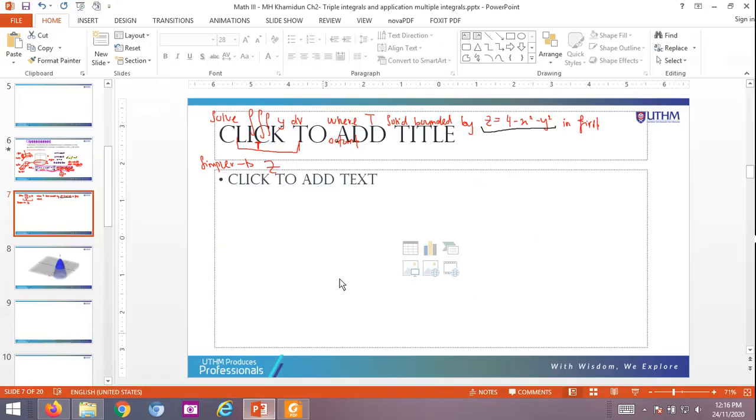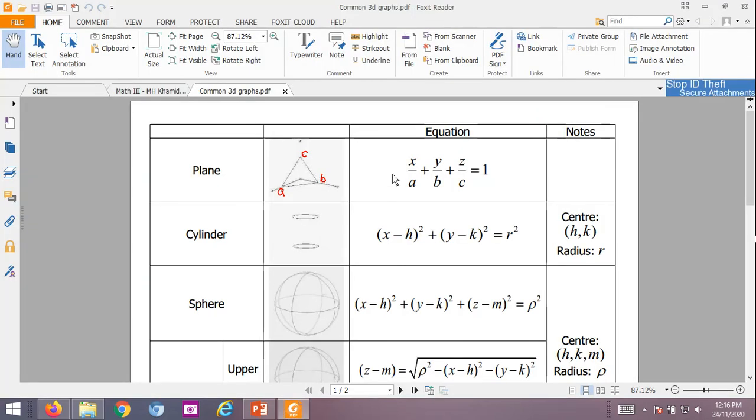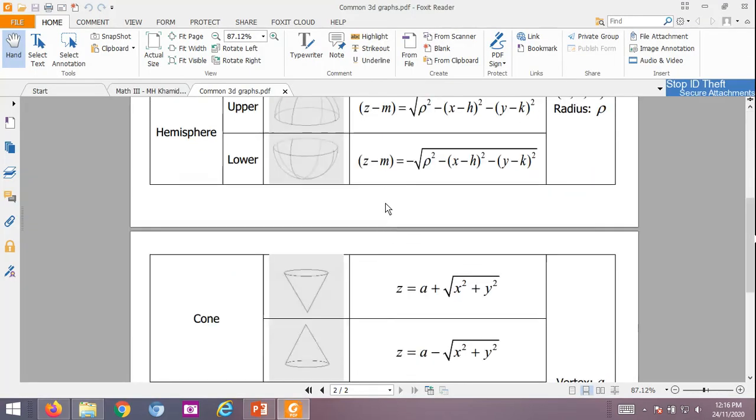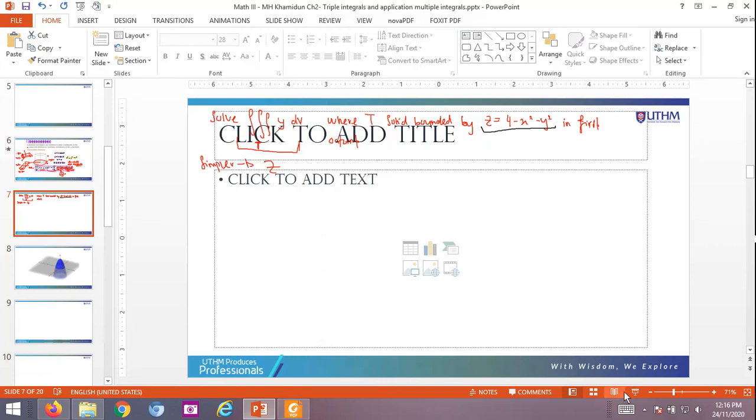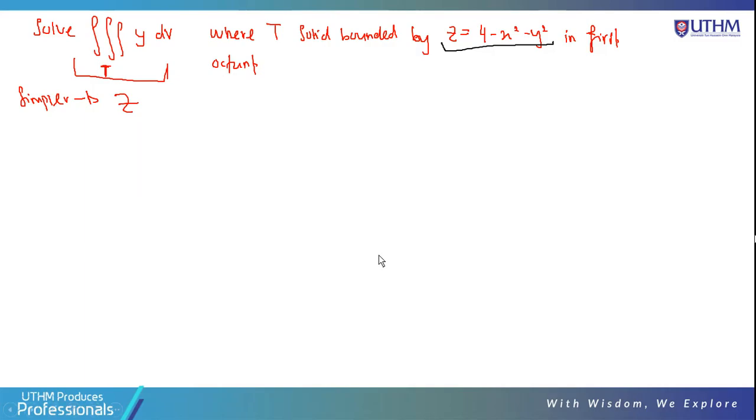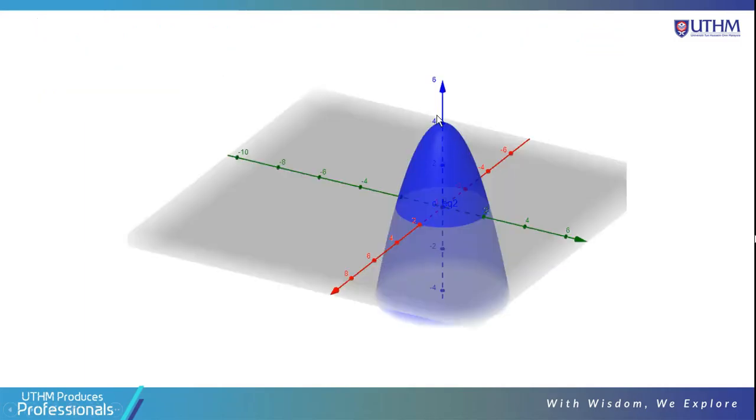For the question here, z equals 4 minus x squared minus y squared, you look for which is similar. The similar one here is the paraboloid. A is the vertex, so the highest point is A. A paraboloid has a vertex. In 3D, it has this shape, the paraboloid, with the vertex here.